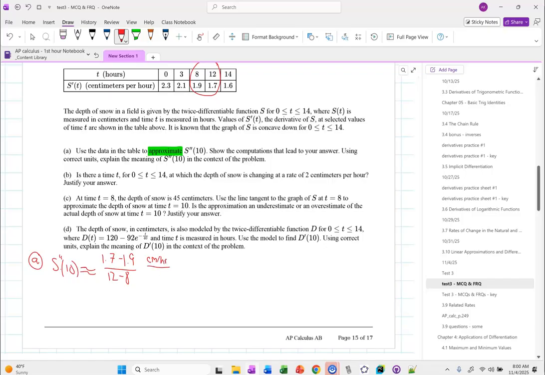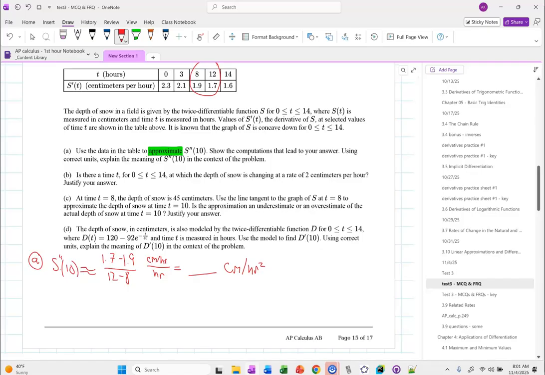And the denominator is hours, so our answer should be centimeters per hour per hour, or per hour squared. That's correct. Is everybody okay with that idea? So again, if you just look at the unit when you do the slope calculation, that'll tell you the unit for the derivative that you just approximated. Is everybody okay with how I did that? Again, fairly easy if you know what to do, right? If you've practiced doing that.